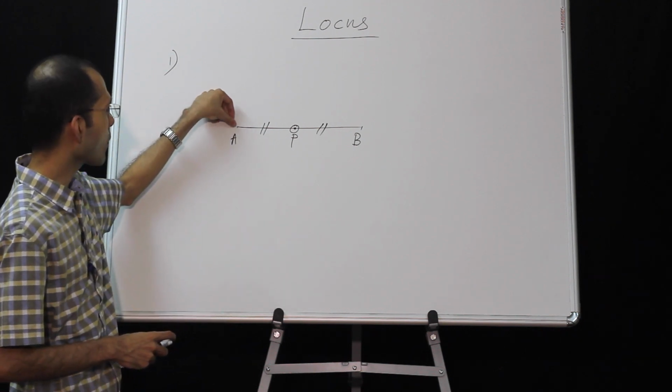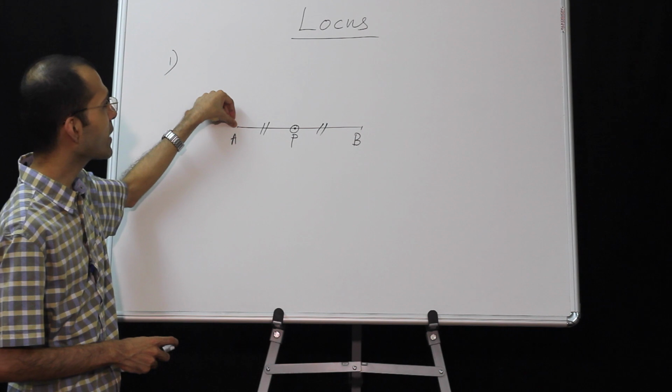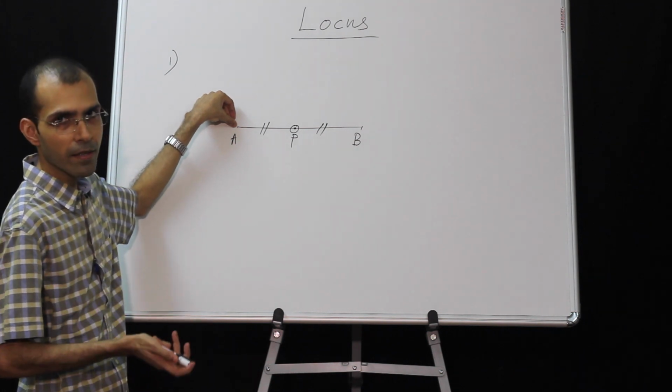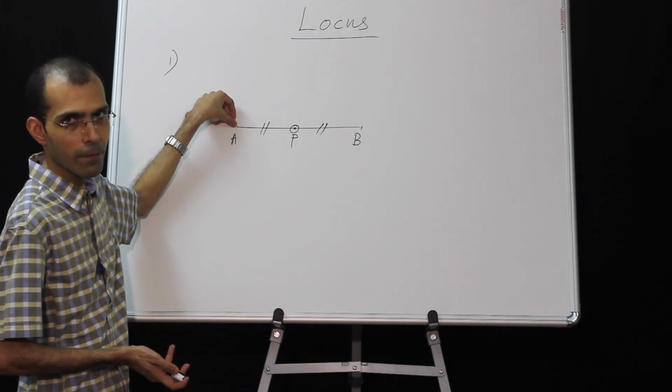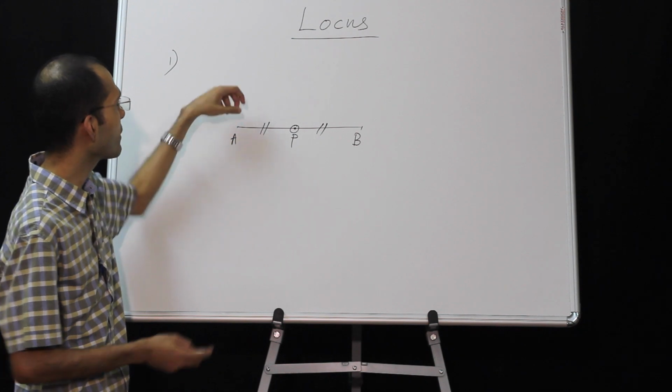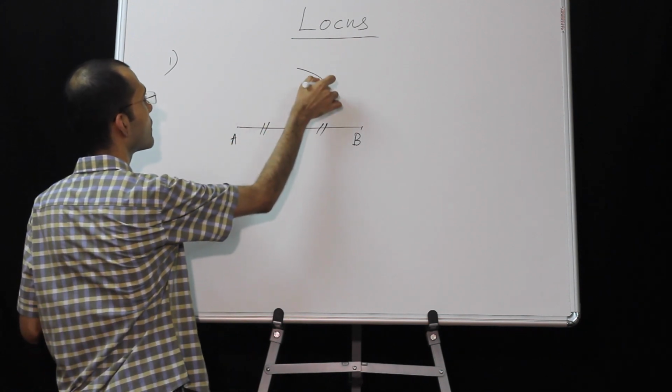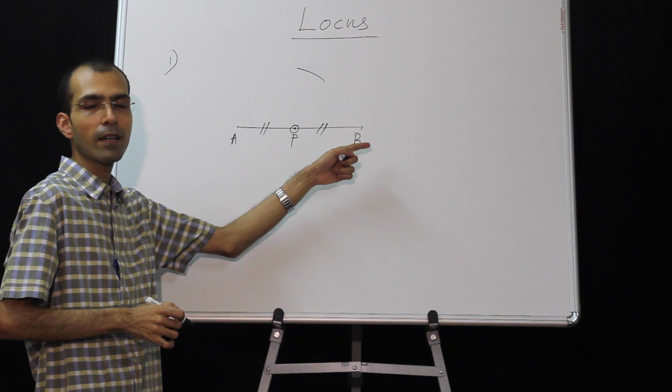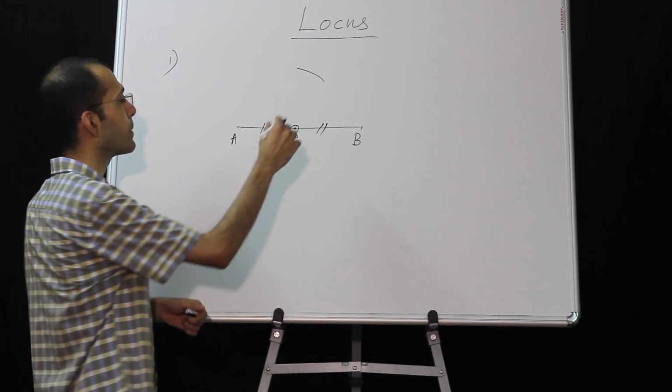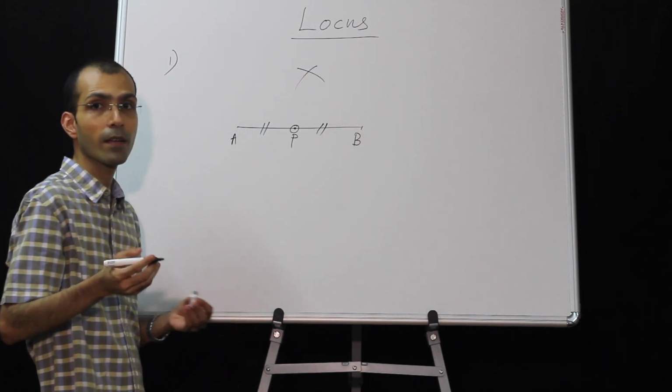So what do we do? From A, we can cut an arc of 3 centimeter. And from B, again cut an arc of 3 centimeter. Why?